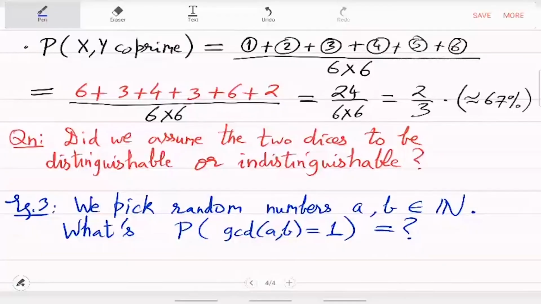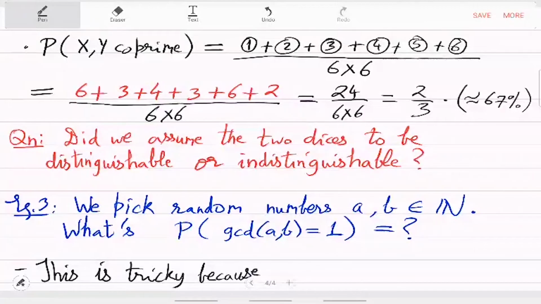Which forces you to formalize probability in a more general way, right? So at this point the intuition breaks down and math then has to take over. So this is tricky because of the infinite space.